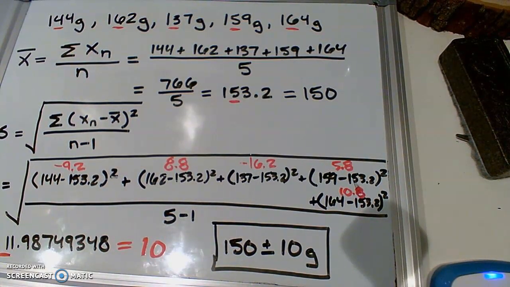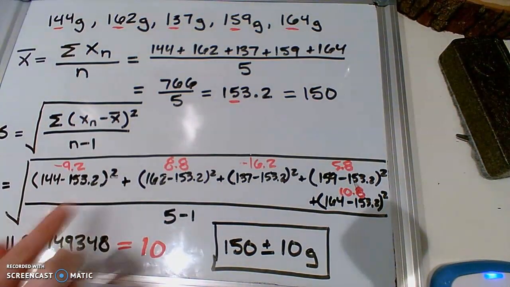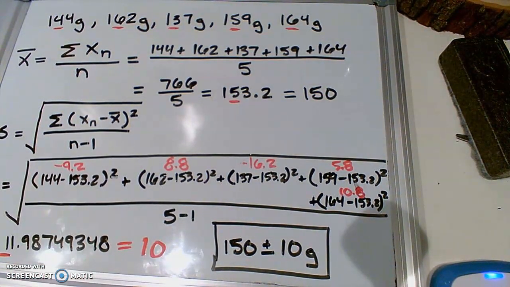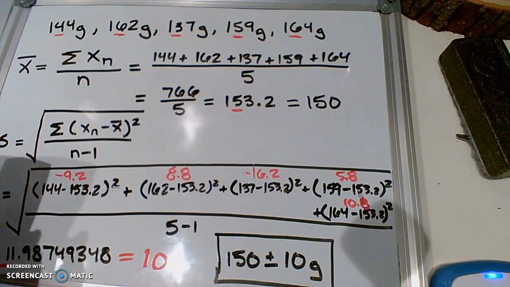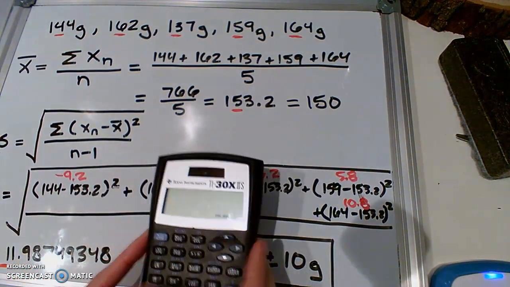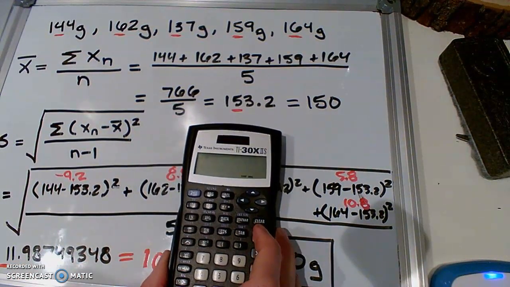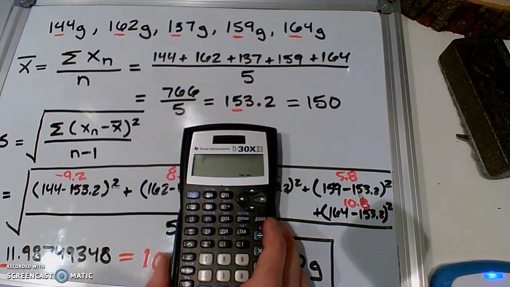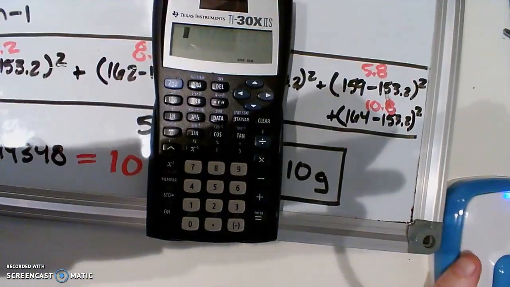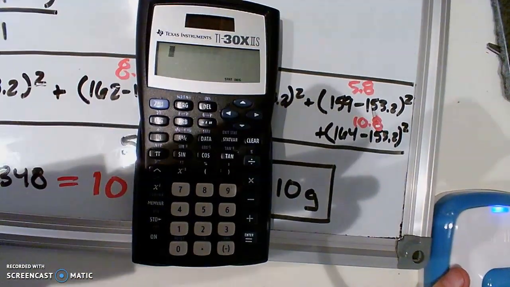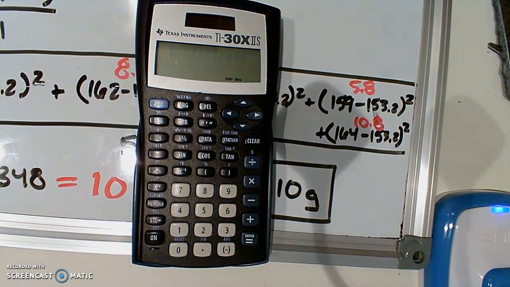Okay, so now how do we get this same calculation in our calculator in a much simpler way? I'm going to show you. Let me clear my calculator here. I know we all have different calculators, so you're going to have to figure this out for your particular calculator. I know our lab has instructions for the TI-36.